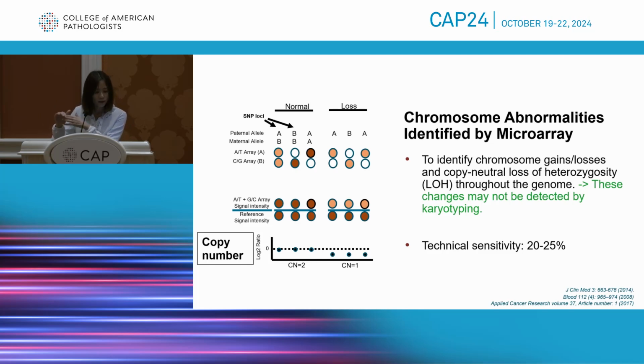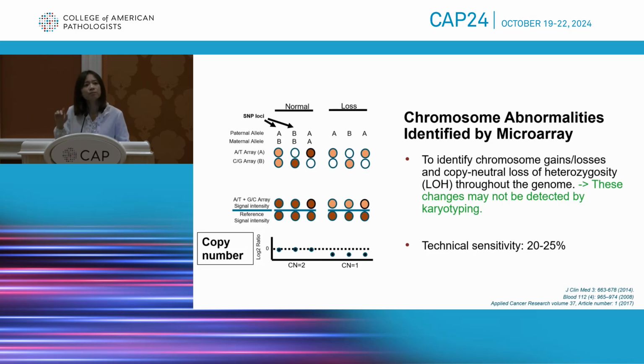Let's say that one is considered A, the other one is considered B. So your combination would be AB, AA, or BB. The way to look at the copy number is we add up the intensity signal from the AT and the CG together, and then divide it by the reference. So if you have a normal signal, the ratio is going to be 1. And when you take the log2 ratio of it, it's going to be 0. So that's why it stays at the baseline.